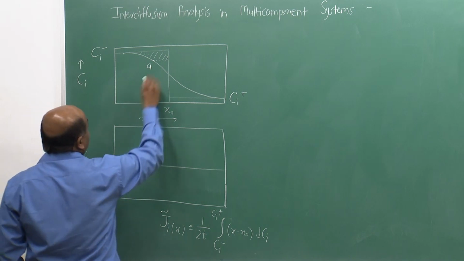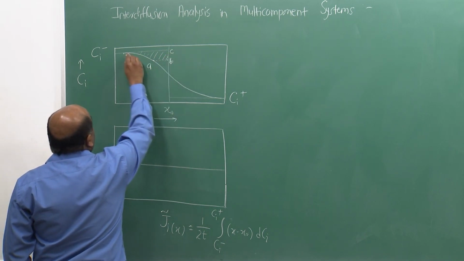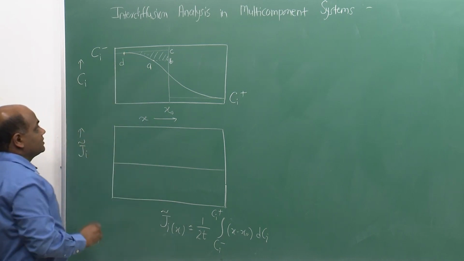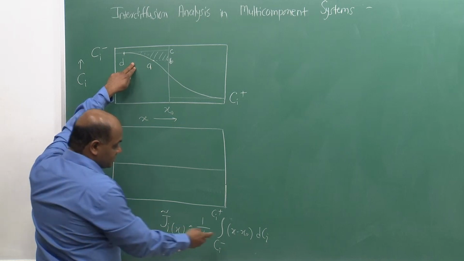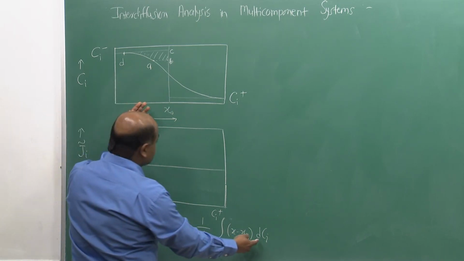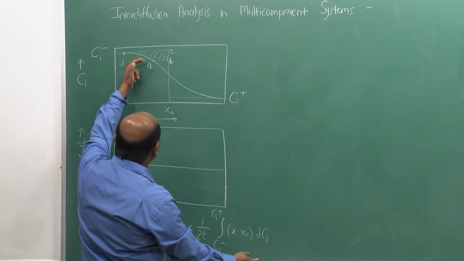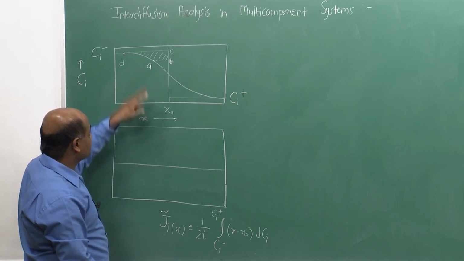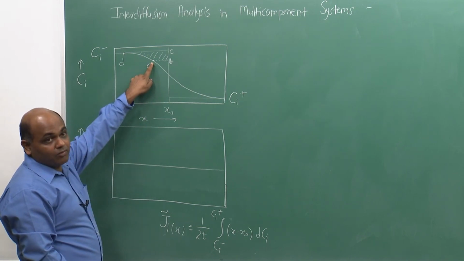Let us call this area A, B, C, D here, and the sign of the flux would be, since x minus x naught on the left side is negative and Ci is decreasing with x, dCi would be negative, and so the sign of the flux would be positive. So, the flux at A would be positive.